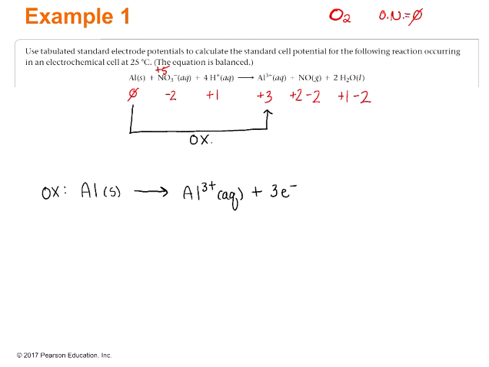Okay. All right, so now let's figure out what is being reduced. So if we look at our other options, we have nitrogen, oxygen, and hydrogen. So hydrogen looks like it's always +1 on the left and the right. Oxygen is always -2 on the left and the right, so neither of those atoms are changing. But nitrogen is going from +5 to +2 in oxidation number.